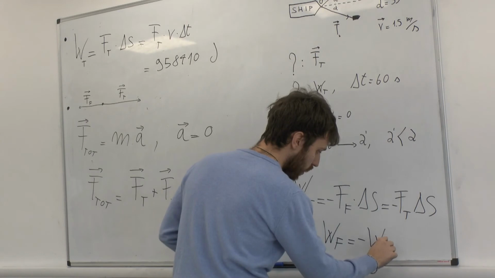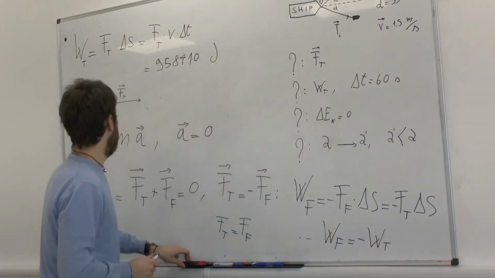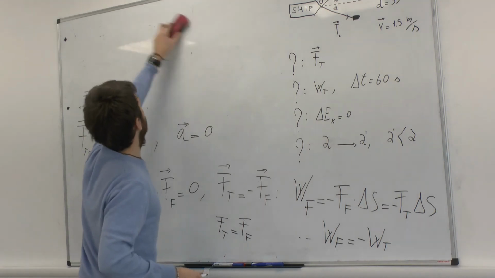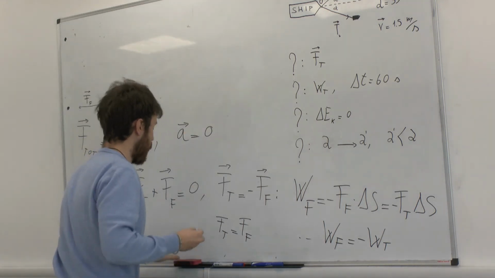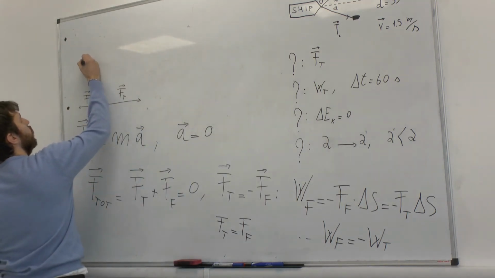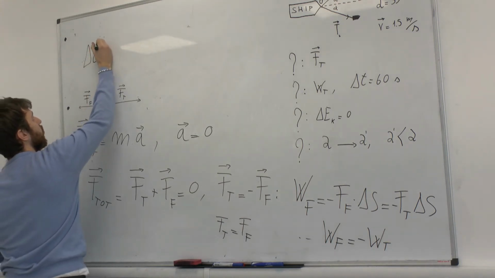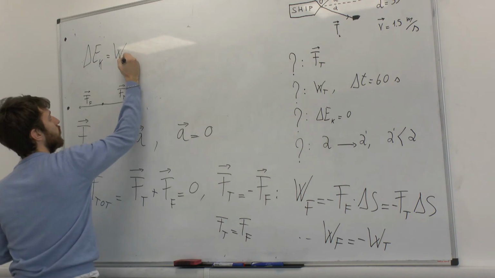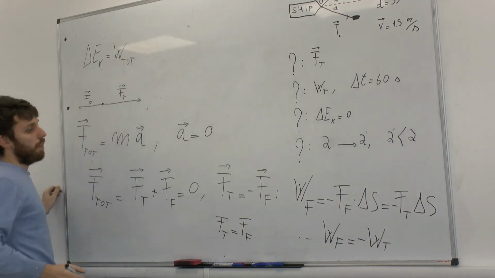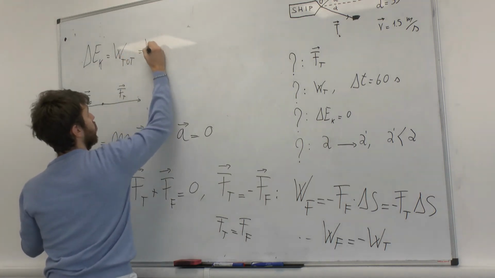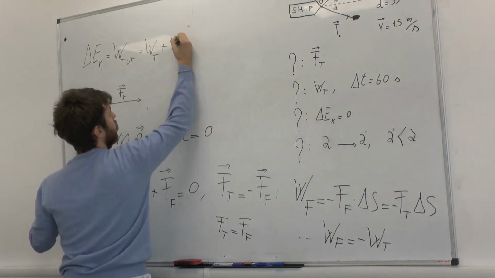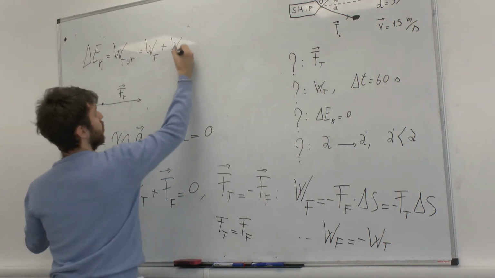So if we consider the variation of kinetic energy, it must be equal to the total work done on the ship, in this case the work done by the pulling force and the work done by the friction force.